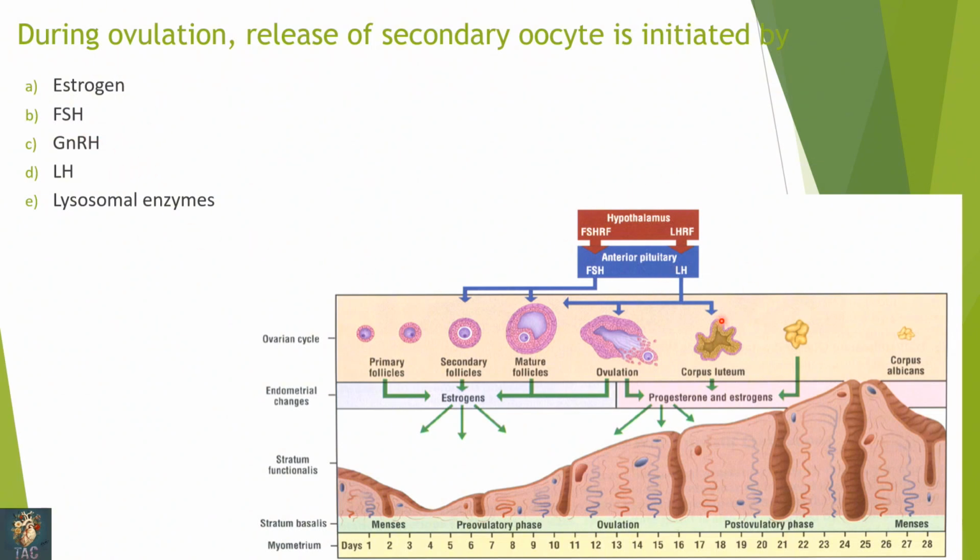Here again you can see that during ovulation there is a surge of LH hormone from the anterior pituitary, which causes the release of collagenases in the localized stroma of the endometrium, weakening of the stroma over the area of the Graafian follicle, and release of the Graafian follicle, which causes ovulation. So the correct option is the LH hormone, whose surge causes release of the secondary oocyte in ovulation.